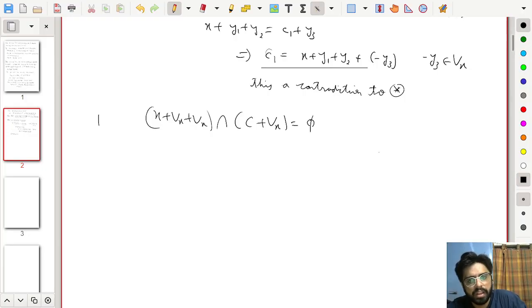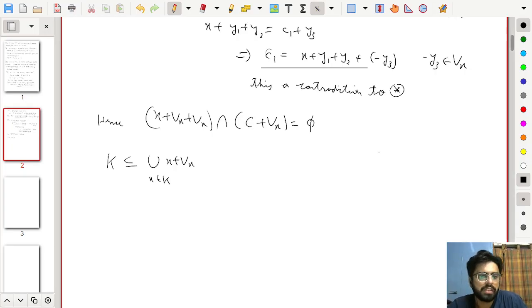So we get this. Hence we get this, right? Now this is true for every element x in K. So we get a cover of K, that is, K is contained in the union of x plus V_x, x varying over K, right?